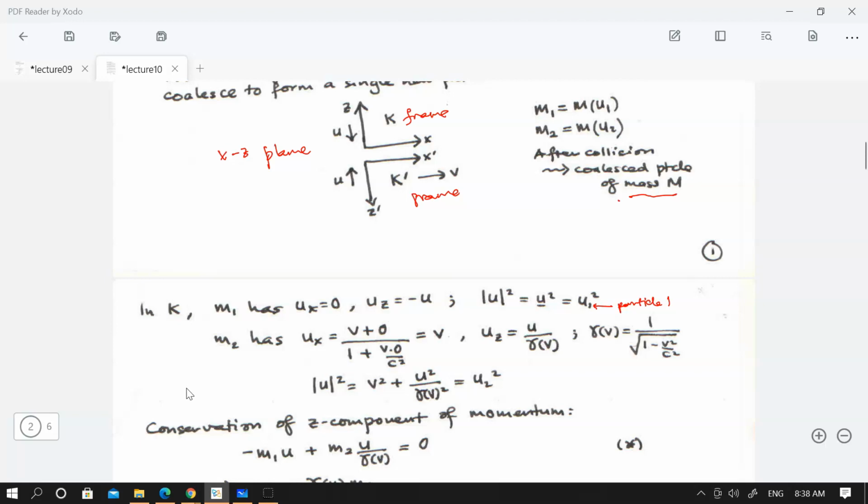Remember, in this case the particle is moving orthogonal to the direction of the frame propagation, so that only gives you this. So the magnitude squared of u for the second particle is given by this. This is u2 squared, second particle.